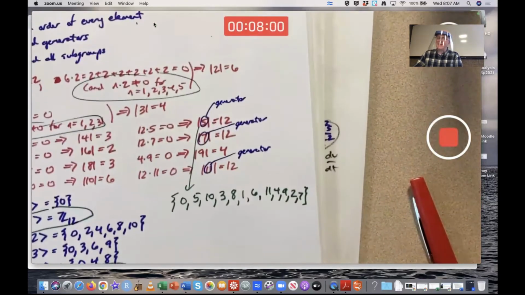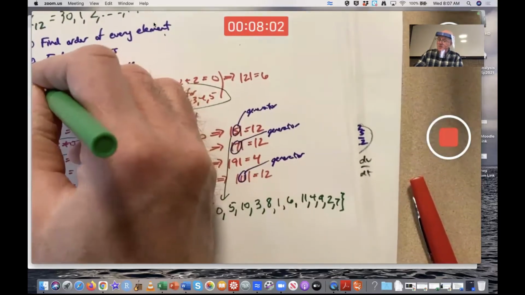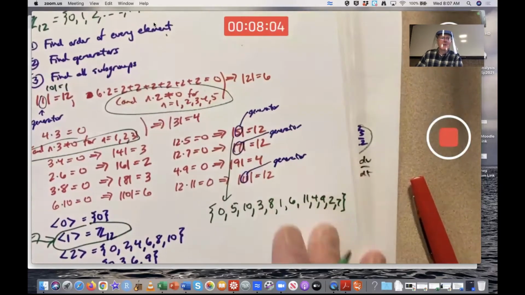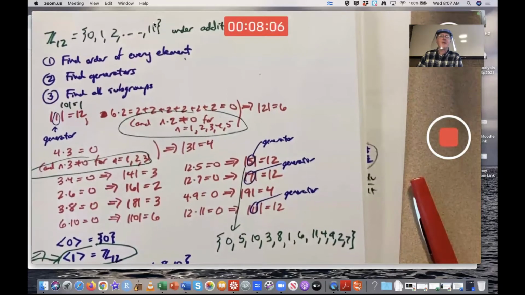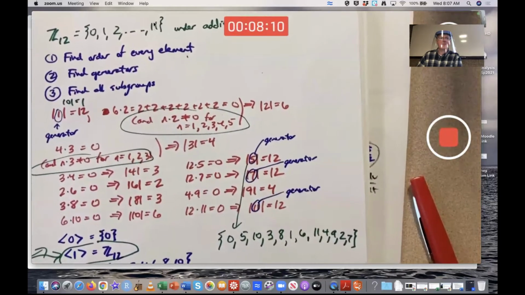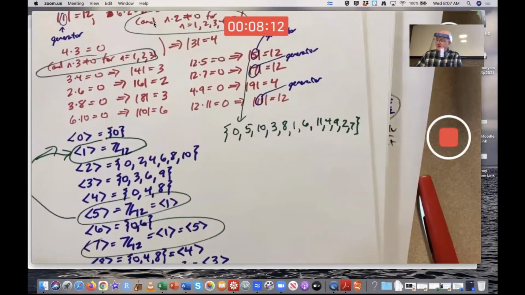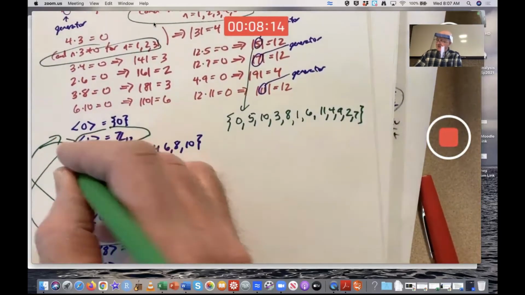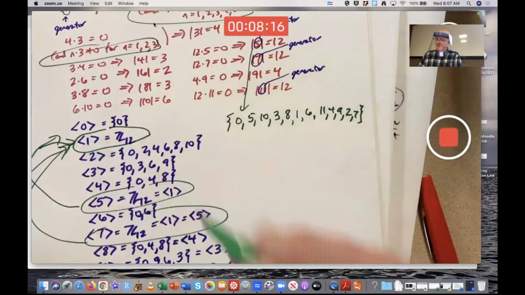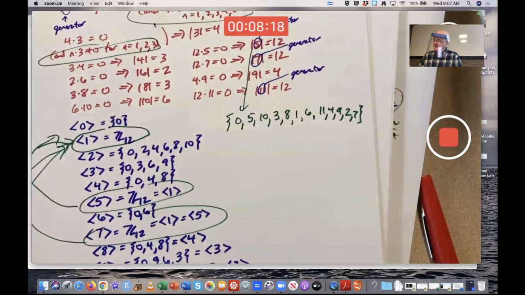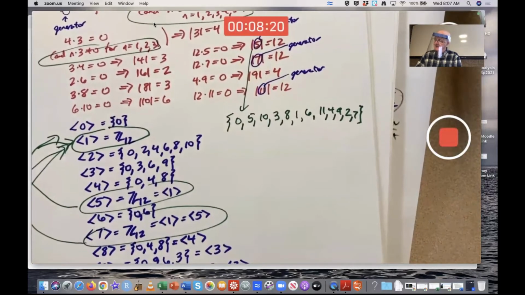You know what, I also should have written the order of 0 as 1. I forgot about that. Those match this one. There's more matches. This one matches this one.